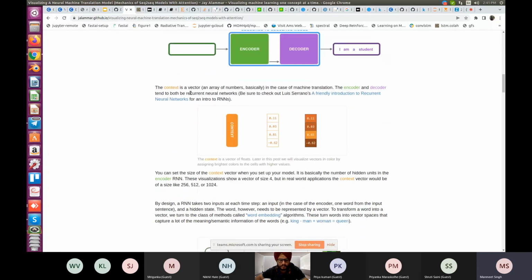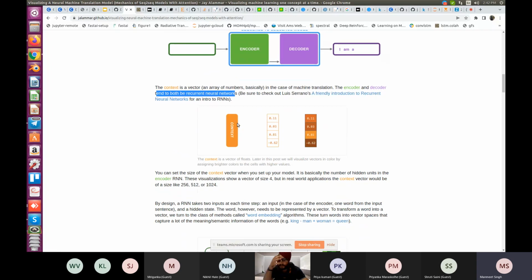Now, what is context? Context is a vector, which is an array of numbers. In the case of machine translation, the encoder and decoder tend to both be recurrent neural networks, which we have already seen, so will not go into that detail.